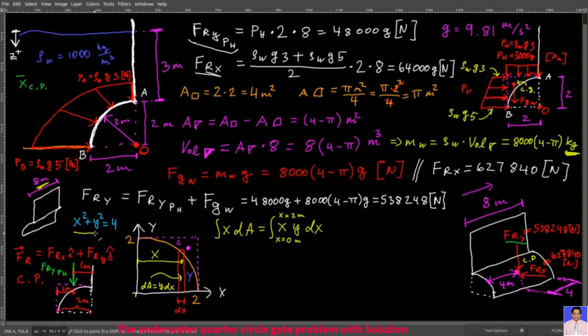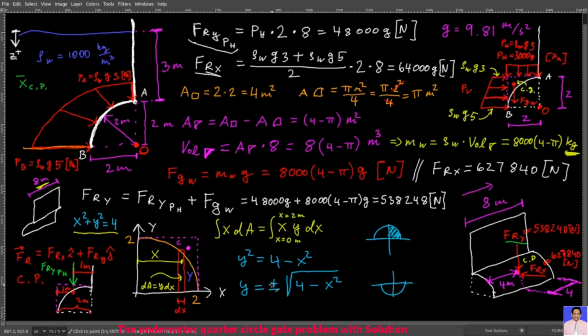Now remember that we have this equation here: x squared plus y squared equals 4. Since we are dealing with a quarter circle, this equation is also valid for this quadrant. So instead of writing this equation like this, how about I say that y squared equals 4 minus x squared, or y equals, and now normally I would have to put plus or minus the square root of 4 minus x squared, but remember it just means that the positive square root deals with this section of the circle, and the negative square root deals with this section of the circle, but we are only analyzing this quadrant here, which means that to us, only the positive square root is relevant.